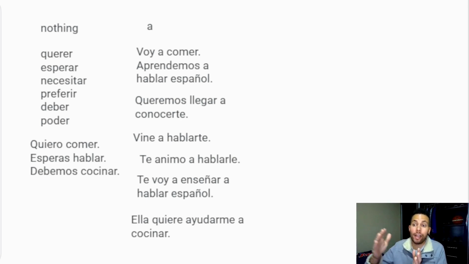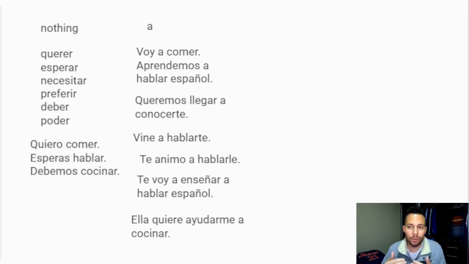We're sort of progressing, kind of like a motion, a figurative motion, achieving that end goal of being able to speak Spanish.